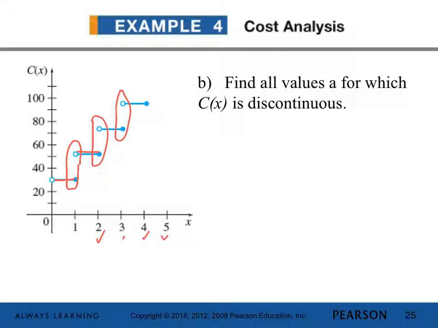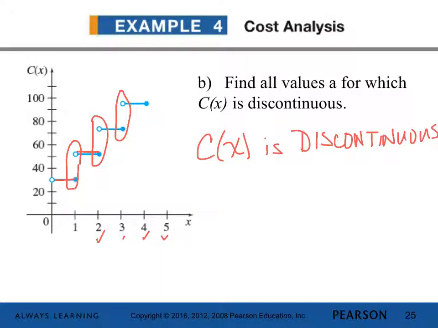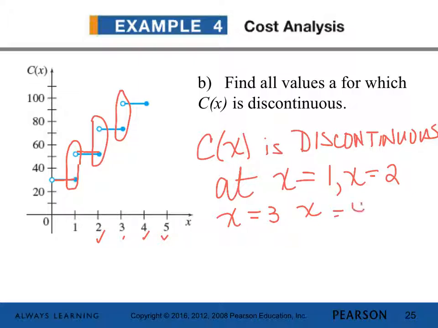So all the values for which C of x is discontinuous: C of x is discontinuous at x equals 1, x equals 2, x equals 3, x equals 4, x equals 5.